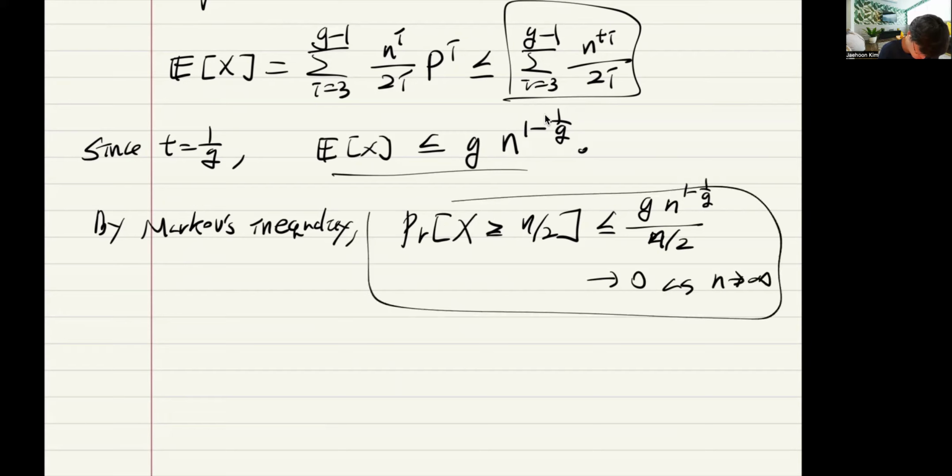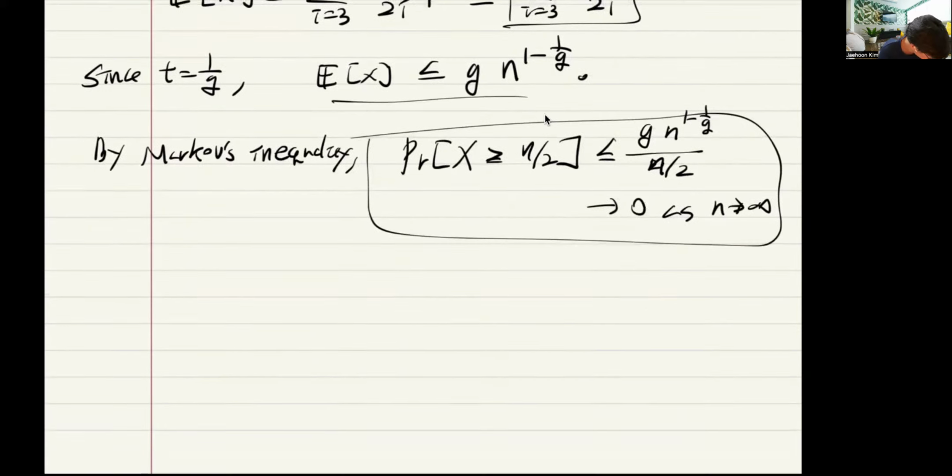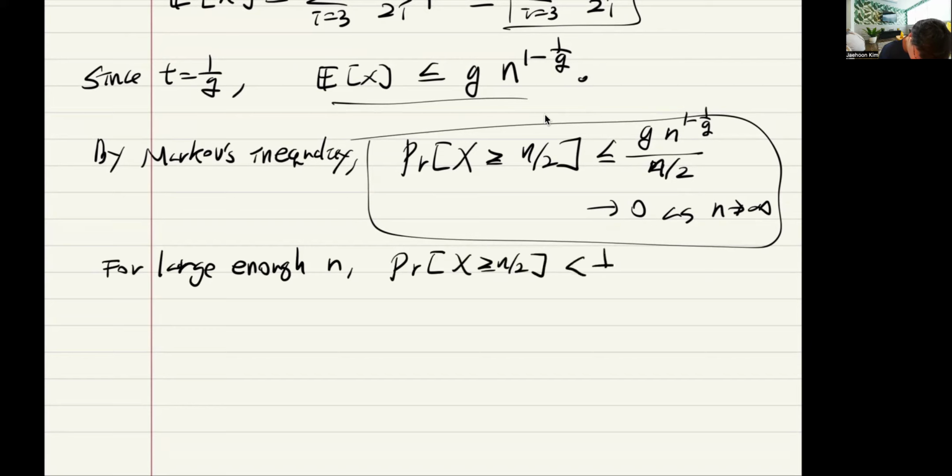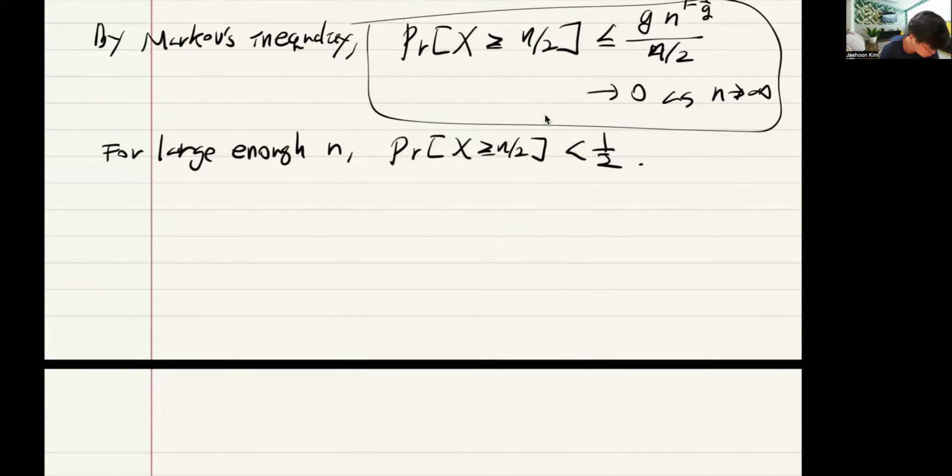If n is large enough, this goes to 0. So for large enough n, this probability is smaller than half. So, okay?